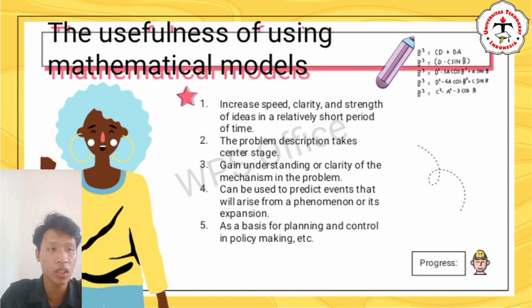Number 3, gain understanding or clarity of the mechanism in the problem. Number 4, can be used to predict events that will arise from a phenomenon or its expansion. Number 5, as a basis for planning and control in policy making.